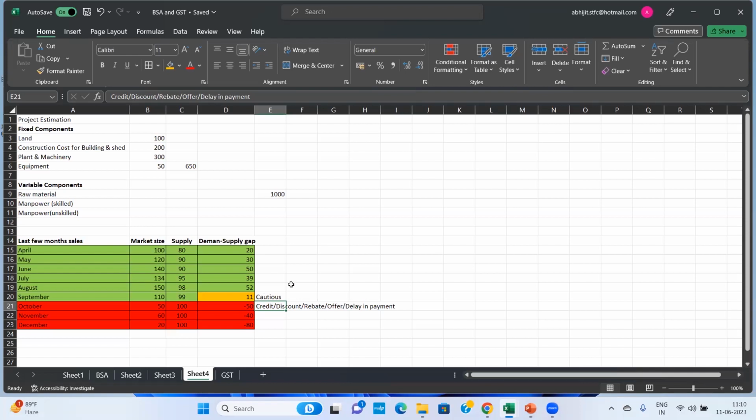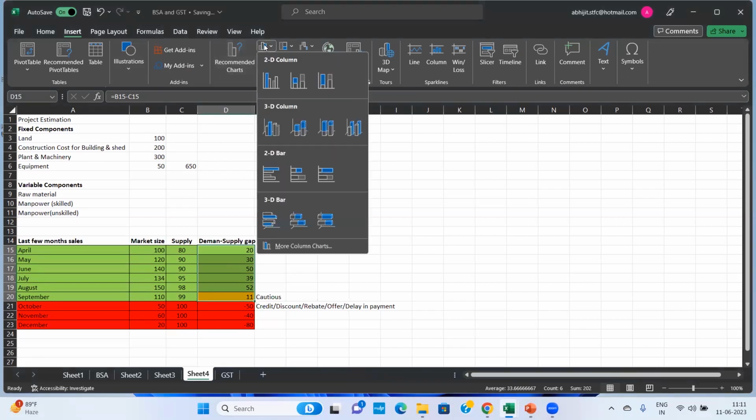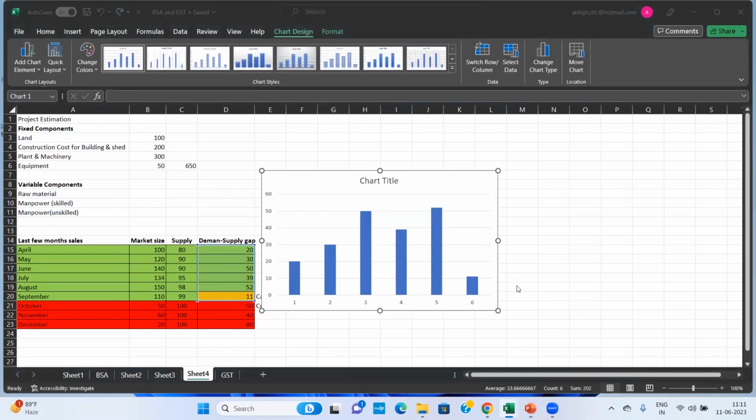Why should I be cautious here? Correct. So this is the graph which comes out. At this stage, I should be cautious.